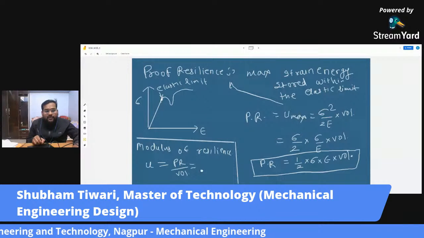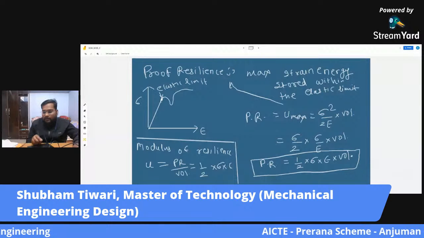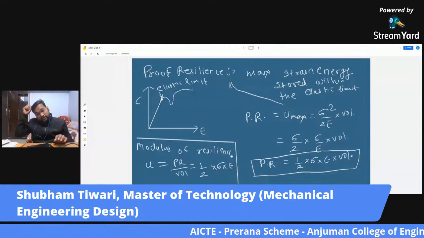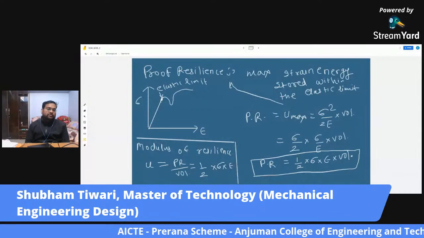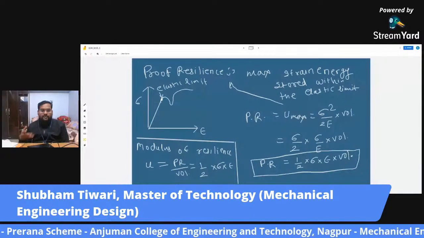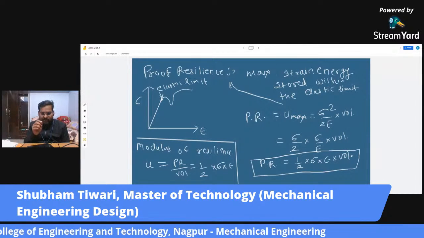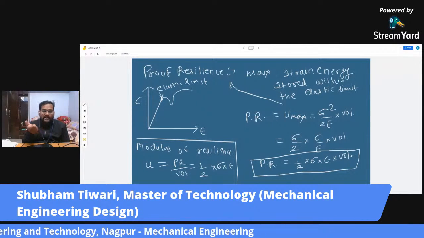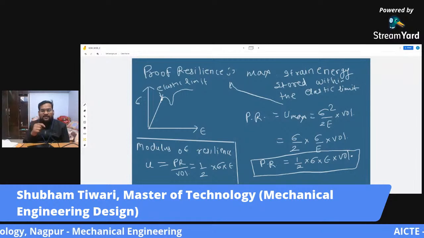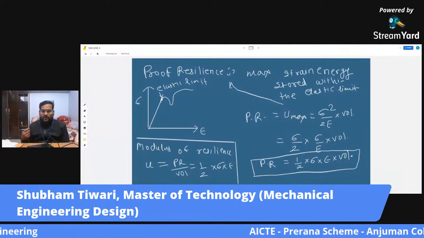If we divide this by the volume, what remains is half into stress into strain. So it is the maximum strain energy stored within the elastic limit per unit volume. That is the main difference between proof resilience and modulus of resilience. This may get asked in your examination for 1 mark.